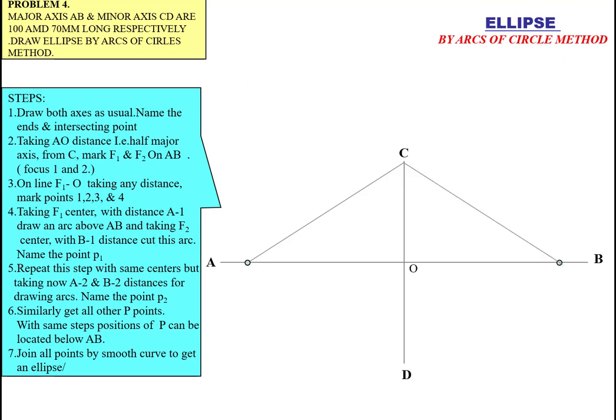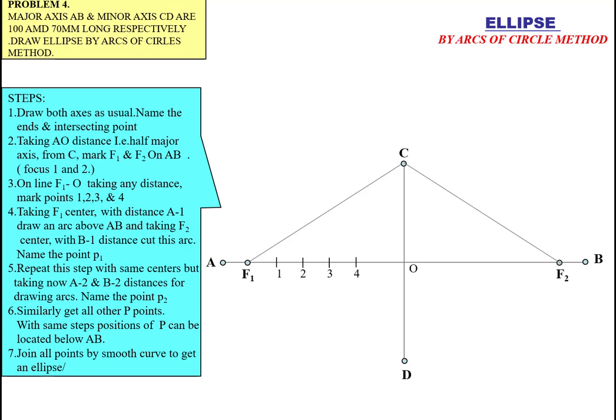So these 2 points define our foci F1 and F2. Now make 4 points from F1 at 1 centimeter distance. So 1, 2, 3, 4.